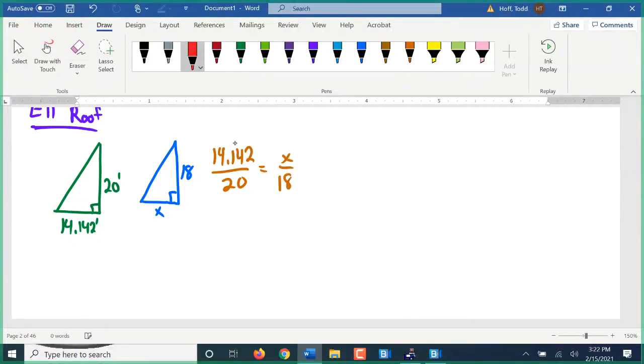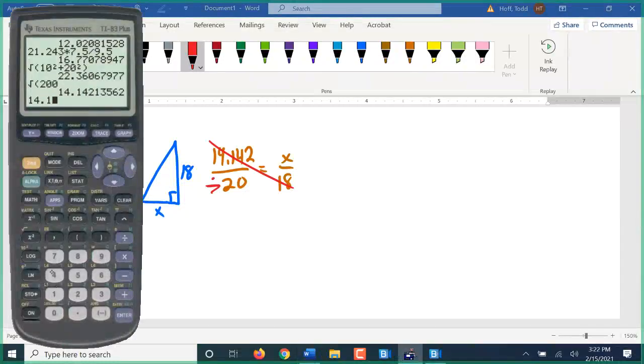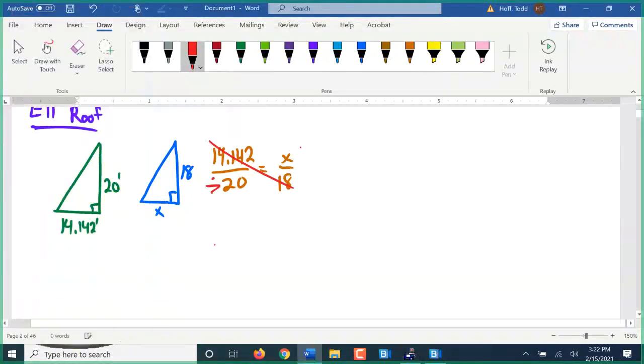Good. So we'll cross multiply and divide here. 14.142 times 18 divided by 20 gives us 12.728. So then we find our difference, our decrease.